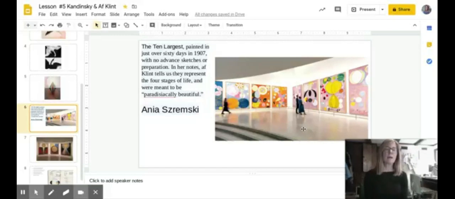This is in the Guggenheim Museum, and you can see these are unusually large. They're 10 feet. And she painted them together in 60 days. So we're not talking about a lot of time, because she says she was told how to paint them, what to do, and she literally went from beginning to end.